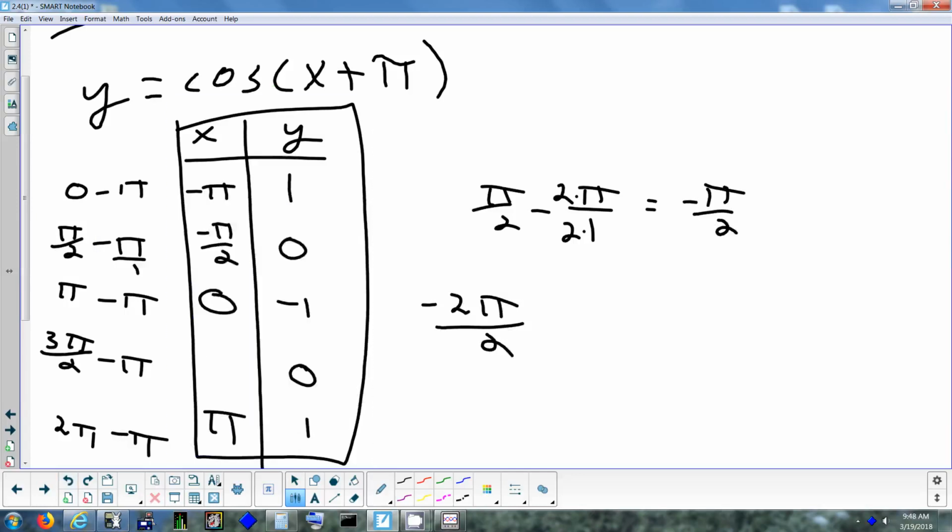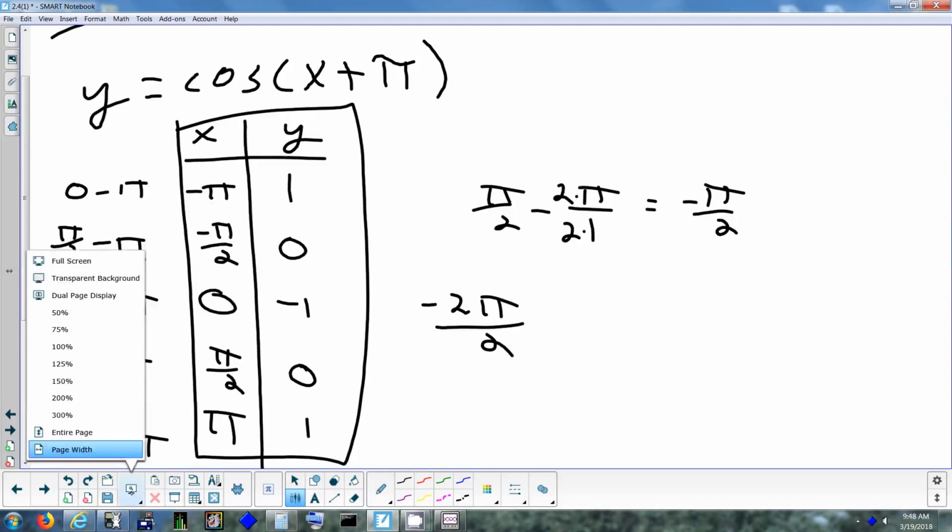So what do you think the middle, the one that I'm missing right here is without doing the subtraction? Yeah. Positive pi over 2. Positive 1 pi over 2. And then 2 pi over 2, 3 pi over 2, 4 pi over 2, and so on, if you were going to keep going. Okay? So what you're looking at right there, that's 10 points for this question.